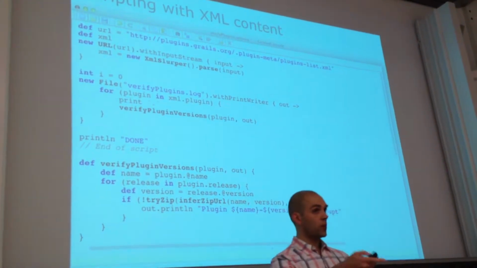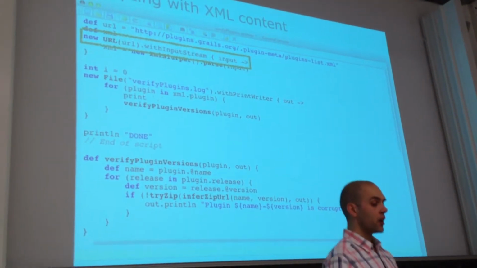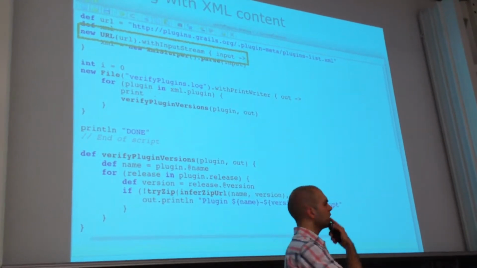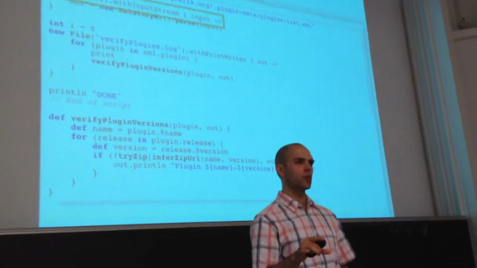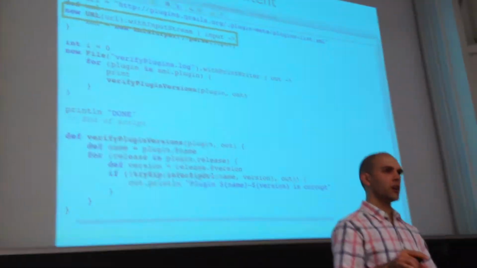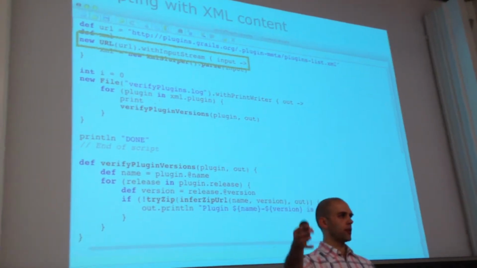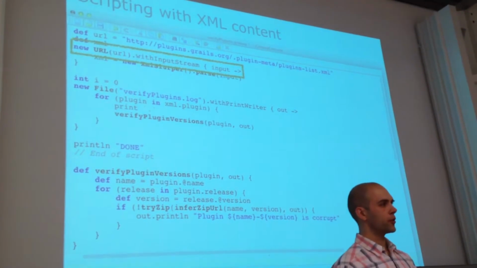So I mentioned XML, one of its great strengths. You just grab the URL. Again, we're using closures. Java 7 kind of improves this with their resource abstraction. So you can say, with these resources, do something, and then they'll automatically and safely be cleared up afterwards.